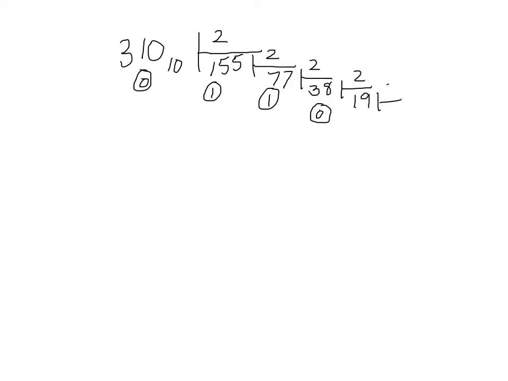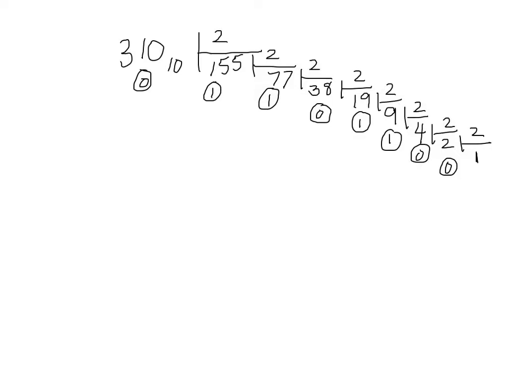Now 19 divided by 2 is going to give you 9, and the remainder is 1. 9 times 2 is 18, subtract 18 from 19 is going to give you 1. 9 divided by 2 is going to give you 4. 4 times 2 is 8, subtract from 9 is going to give you 1. 4 divided by 2 is going to give you 2, remainder is 0. Then 2 divided by 2 is going to give you 1, remainder 0. And 1, since it's less than 2, we are going to stop.